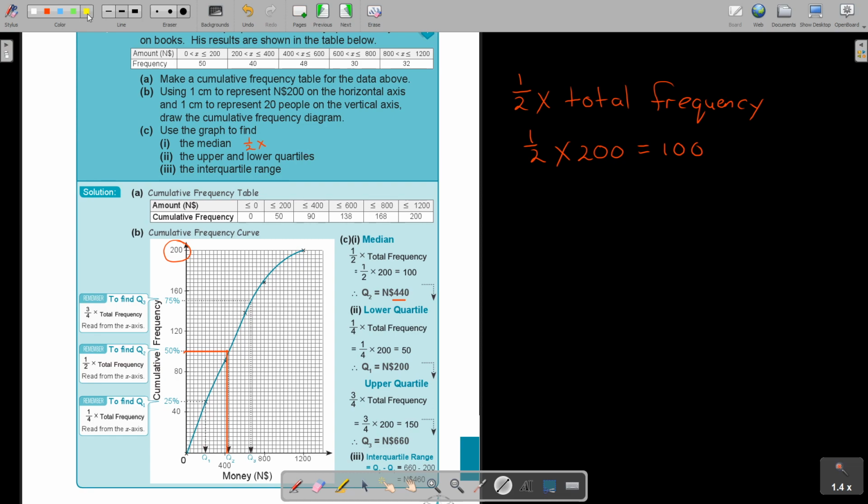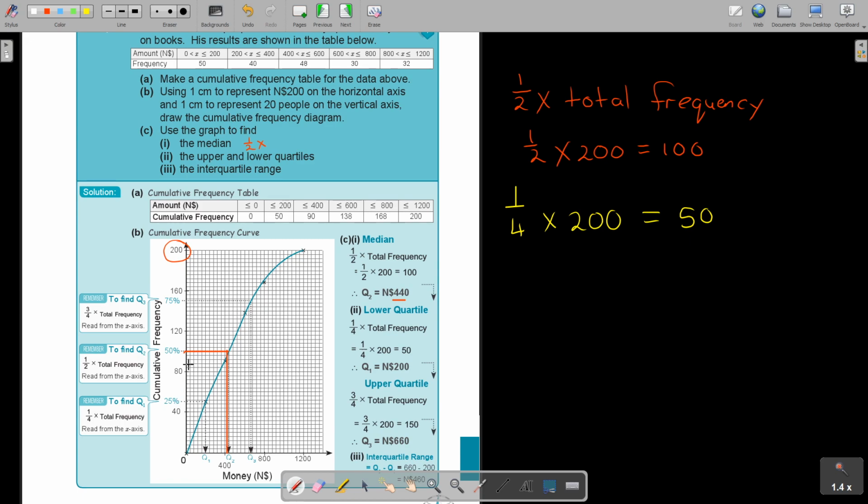And then the upper and the lower. So basically, I'm asking you for a quarter. It's a quarter of the total frequency, which is just 50. But that's just the place where you read it down.